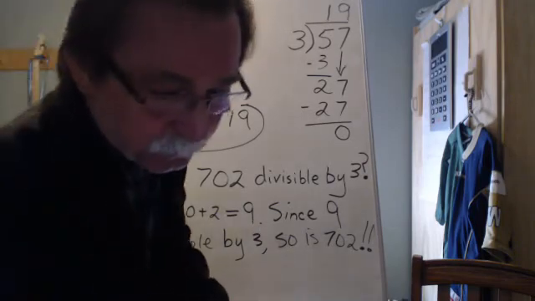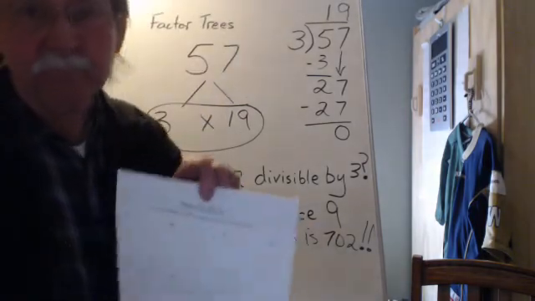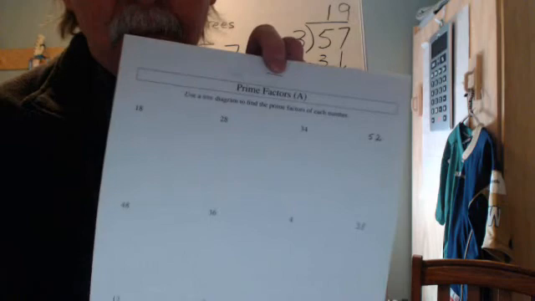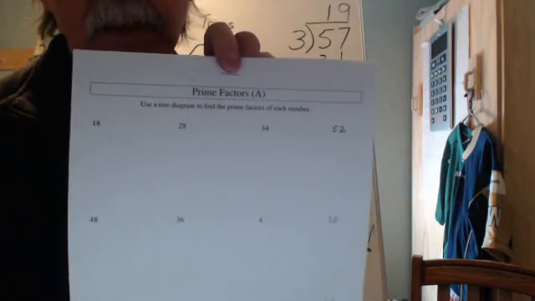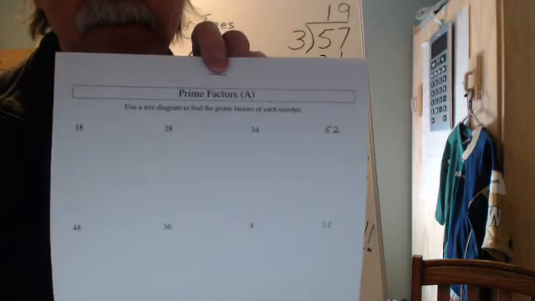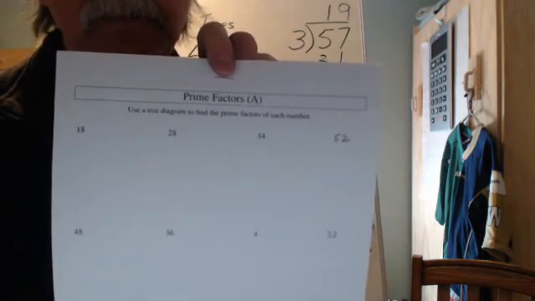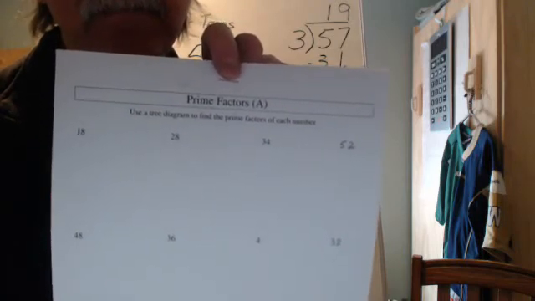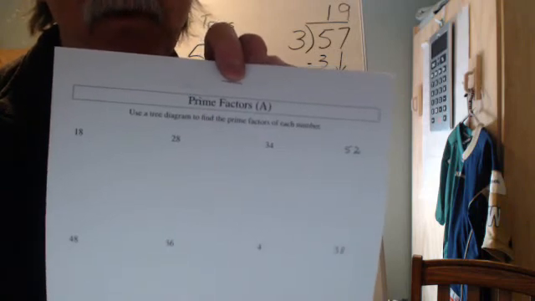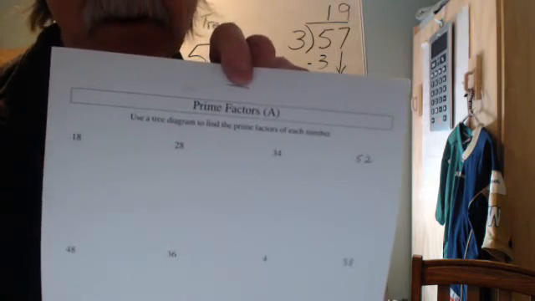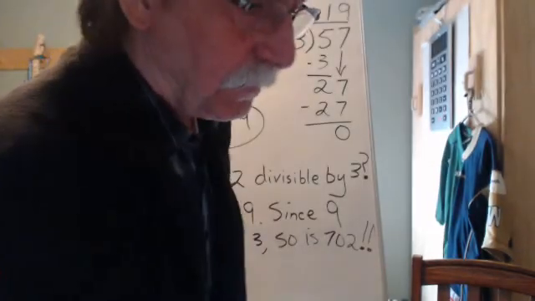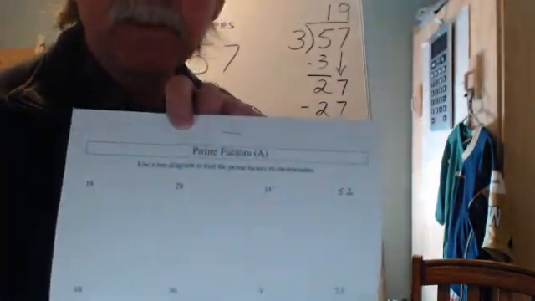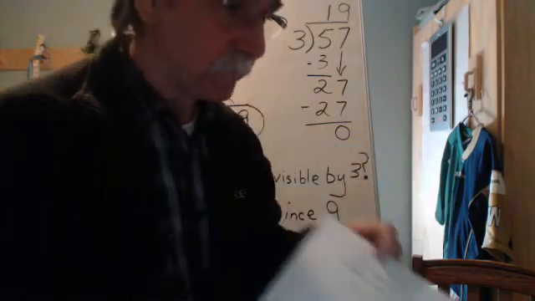Okay, so this page with the factor trees, there's 4 pages there. They all use either 2s, 3s, 5s, or 10s to get started. Okay, so that'll be on your first test.